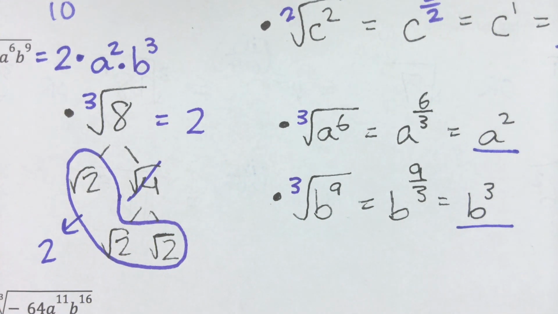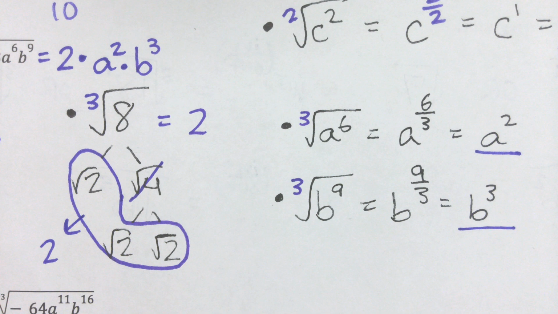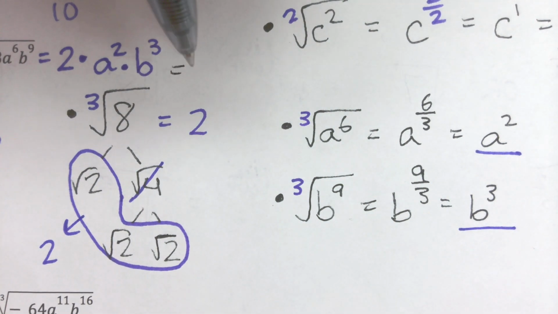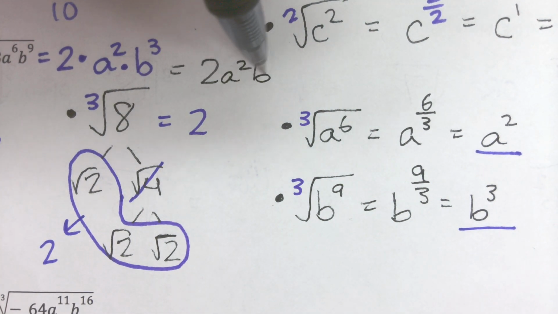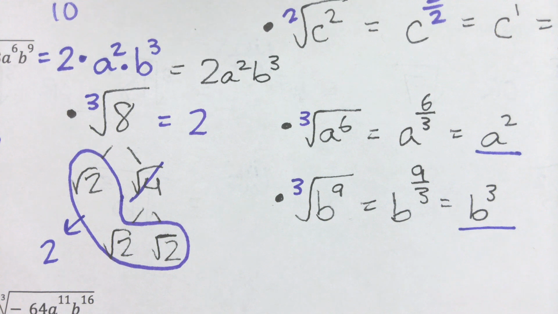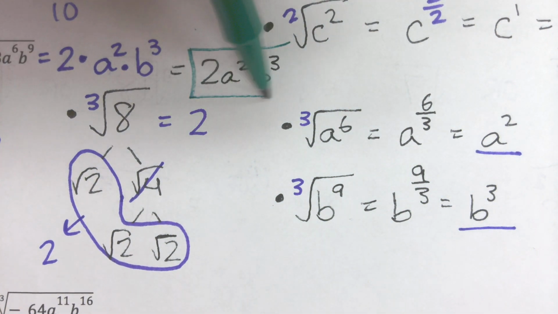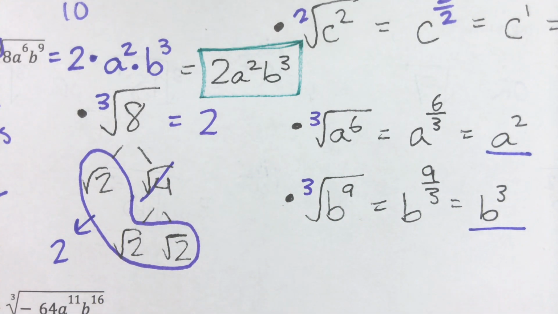I have run out of things to break down, so all I have left to do is just write this as one answer together. 2a squared b cubed. And there you have it.